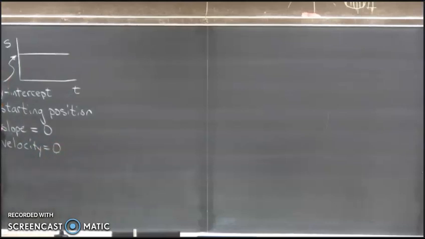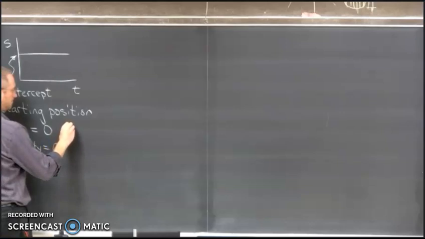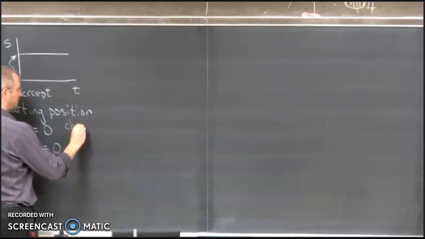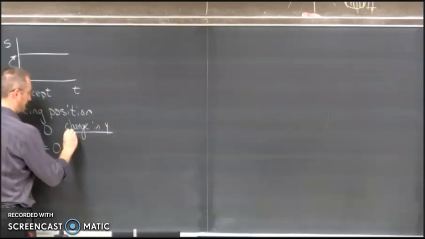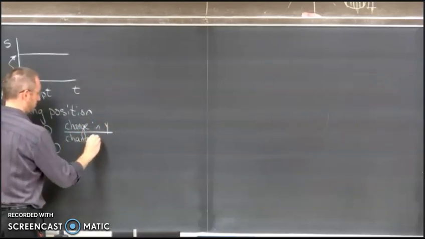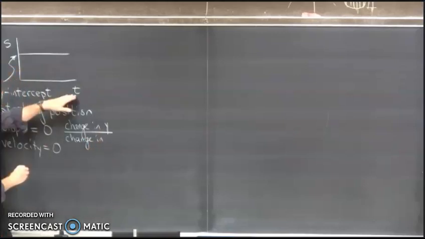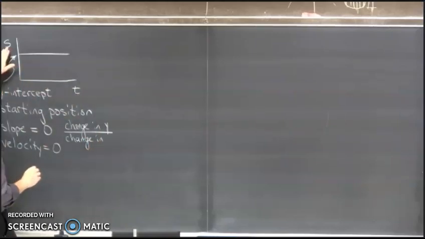So if the slope is 0, remember slope is change in y divided by change in x. Well, in this case, it's not going to be y and x, it's going to be s and t.